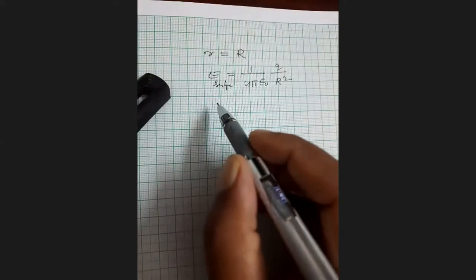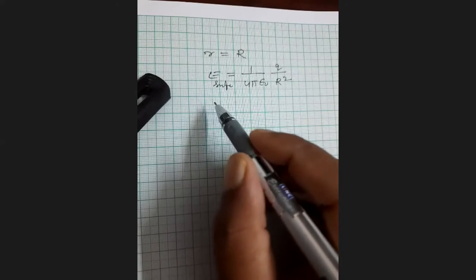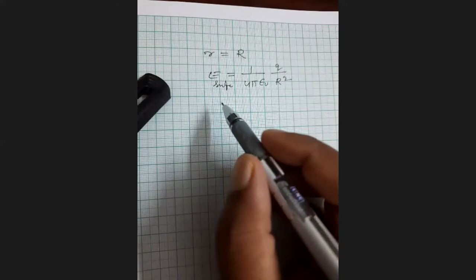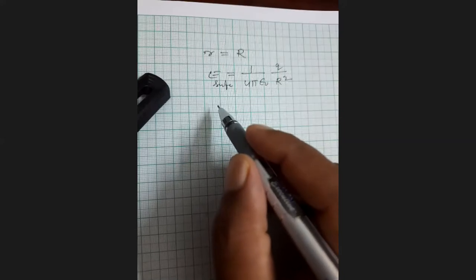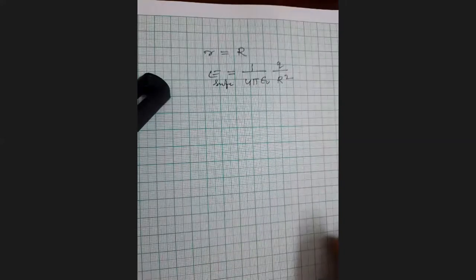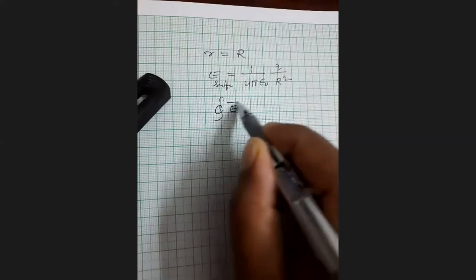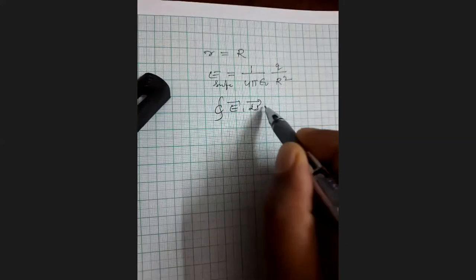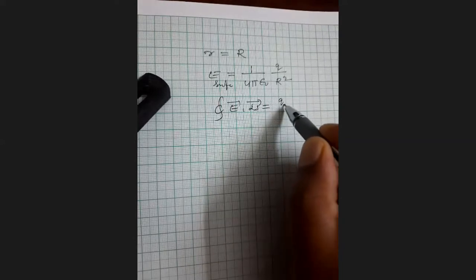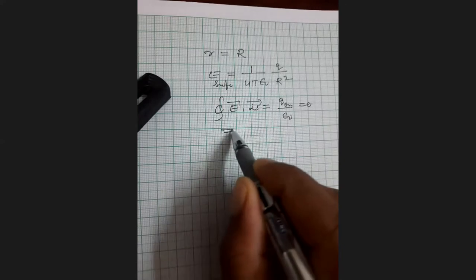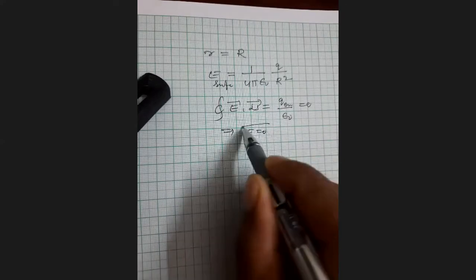If you consider the point inside the conducting sphere or inside the spherical shell, since there is no charge inside the sphere, closed integral E bar dot ds bar is equal to Q enclosed by epsilon naught, that equals 0. From this, E is equal to 0.